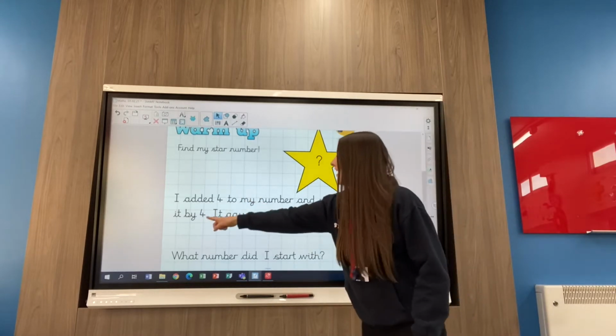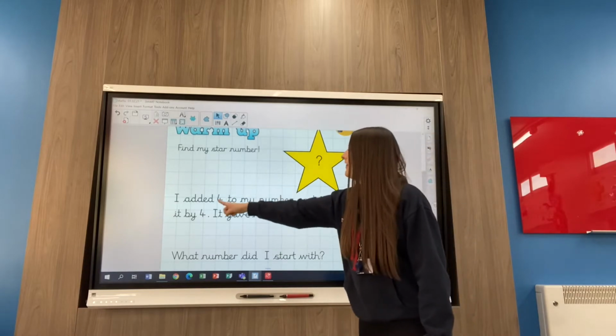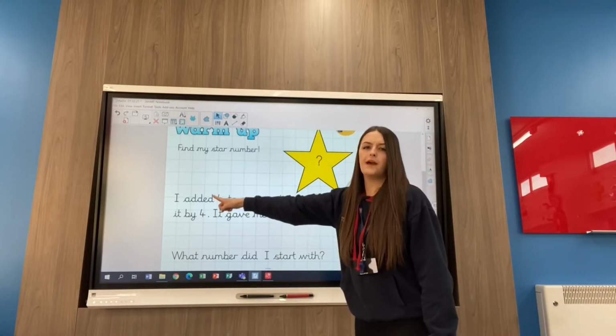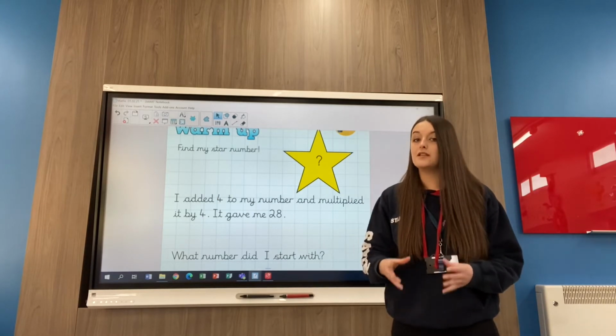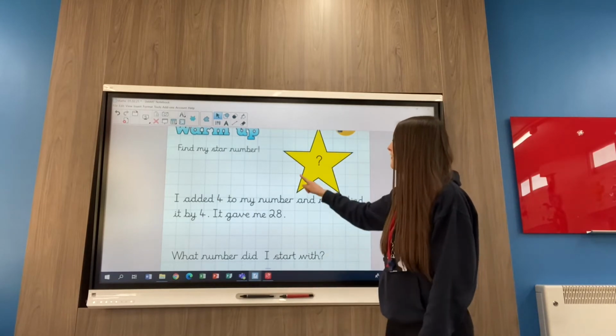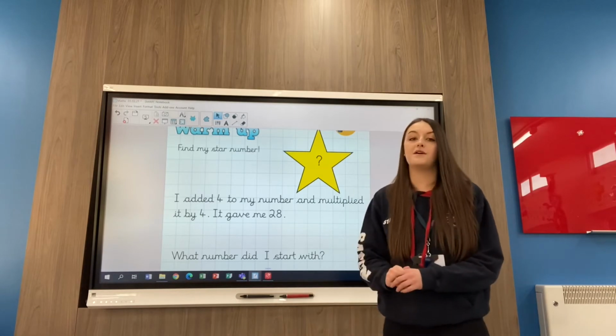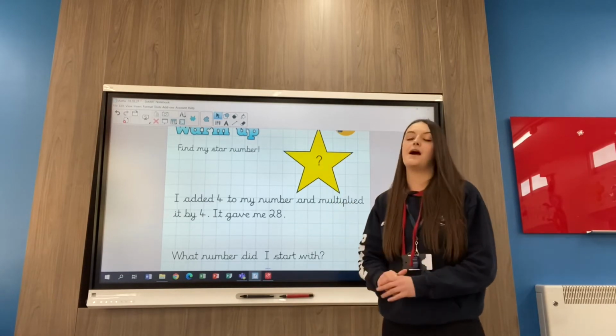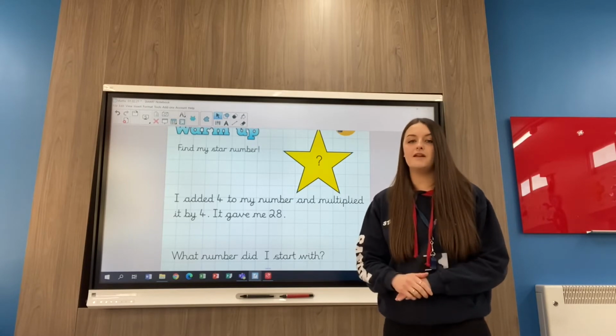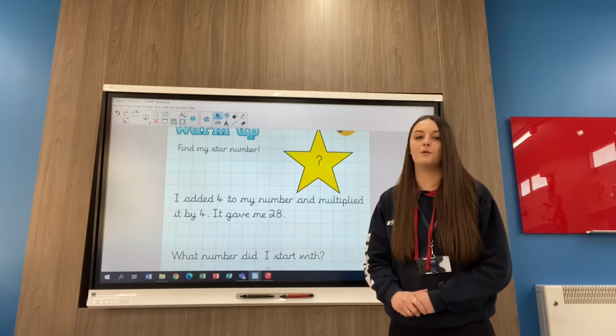So we divide by 4, and then I added 4 at the beginning. So what's the opposite of addition? Use the inverse operation and you will find the star number that I began with. I can't wait to see who solves my problem. So pause the video now and work this out in your purple books.